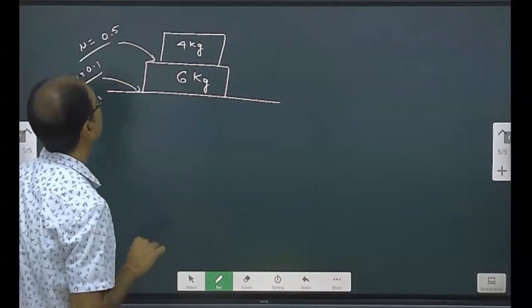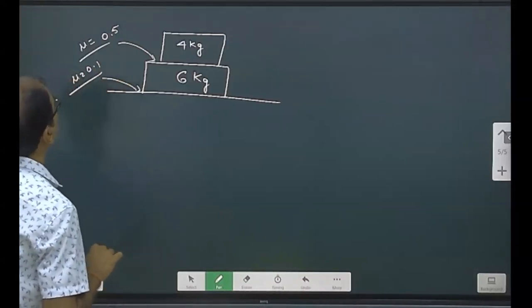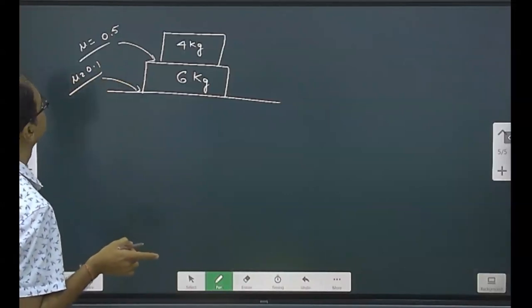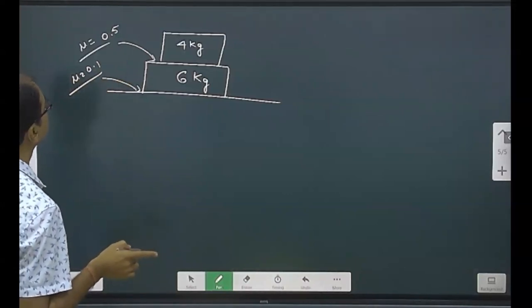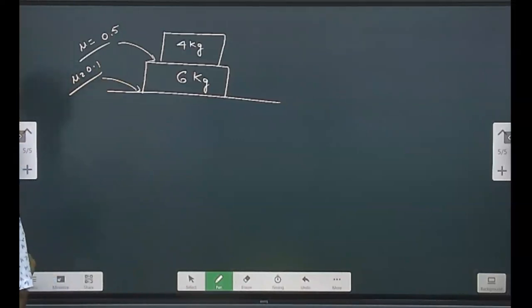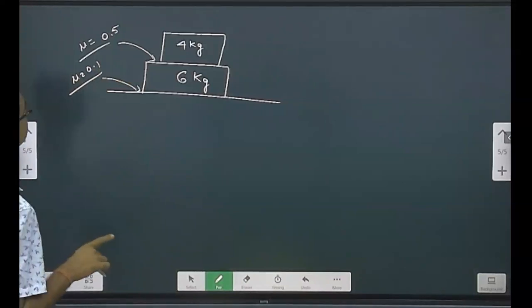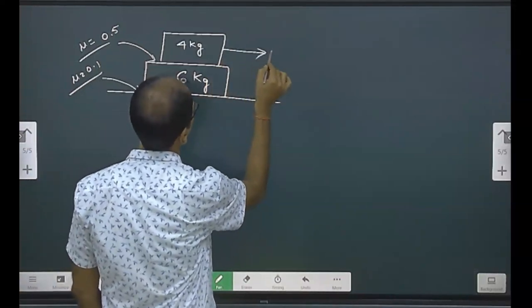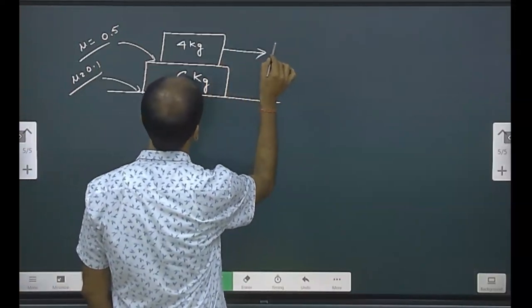Okay. And from here I am applying force 8 Newton.